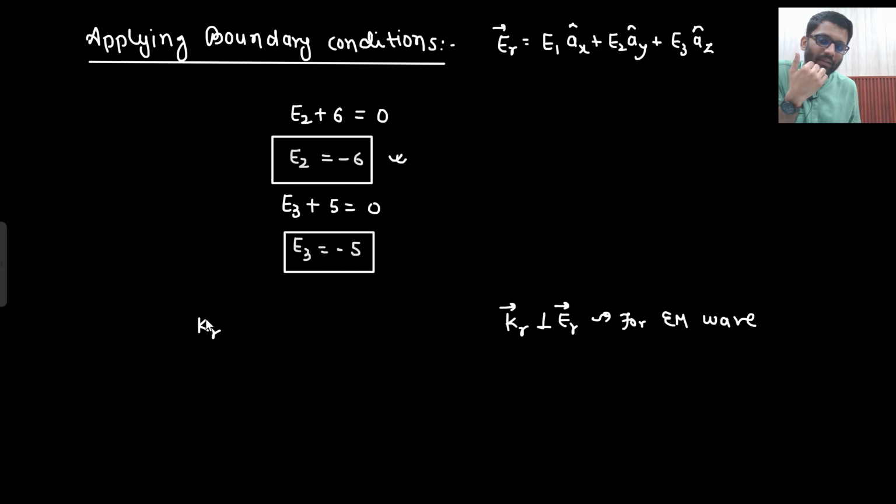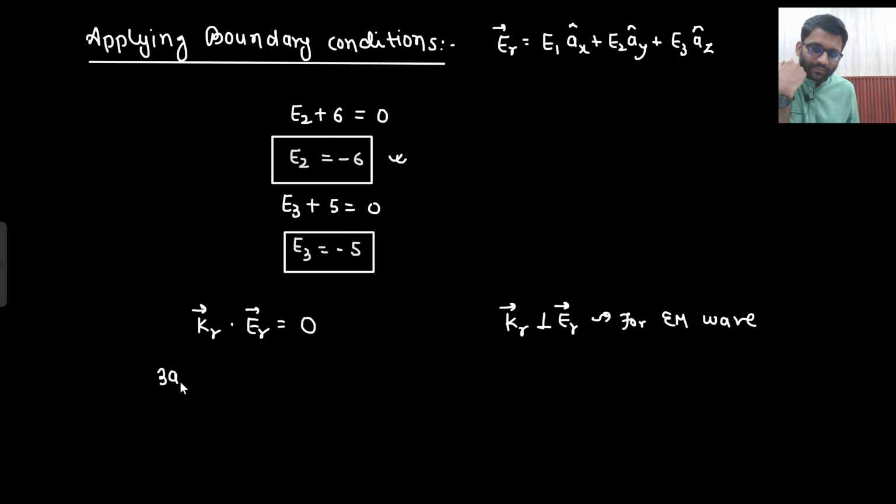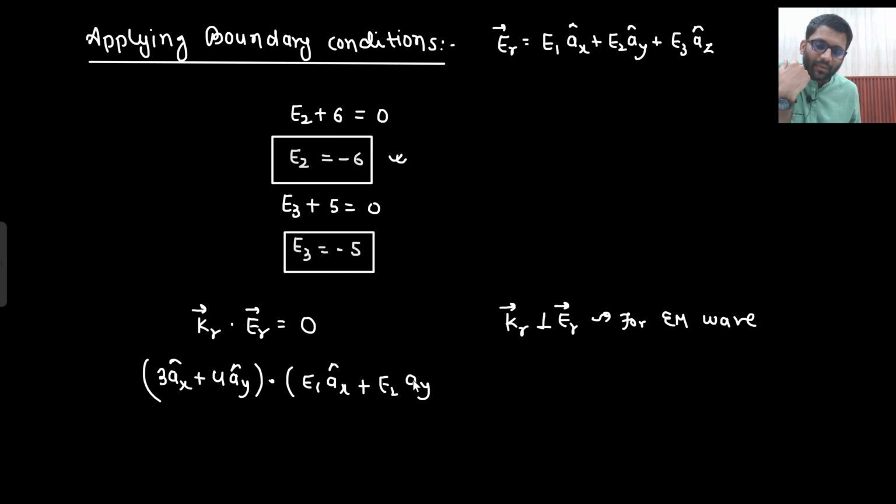So what can I write down? KR dot ER is equal to 0, because they are perpendicular to each other, so the dot product would be 0. My KR is 3ax plus 4ay, dot ER, which is E1 ax cap plus E2 ay cap plus E3 az cap, and that is equal to 0.